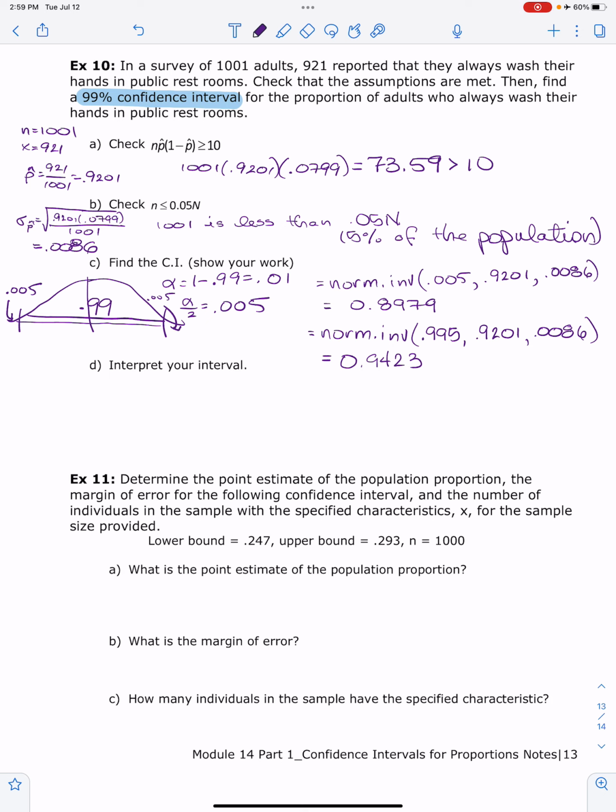Remember that point estimate, our 0.9201, should be directly in the middle of those two. Here's my confidence interval: 0.8979 to 0.9423. I'm leaving out those leading zeros just because I am running out of space.